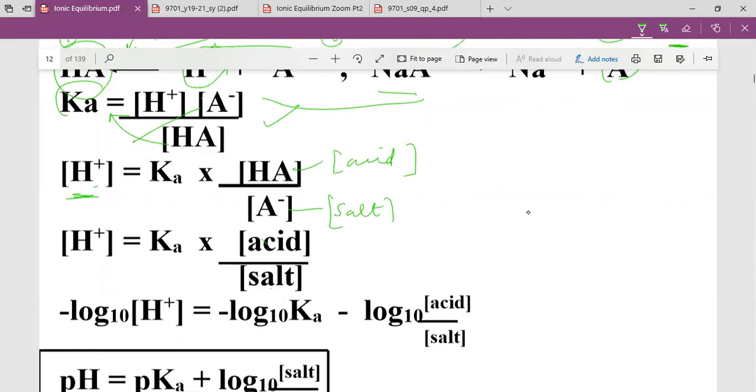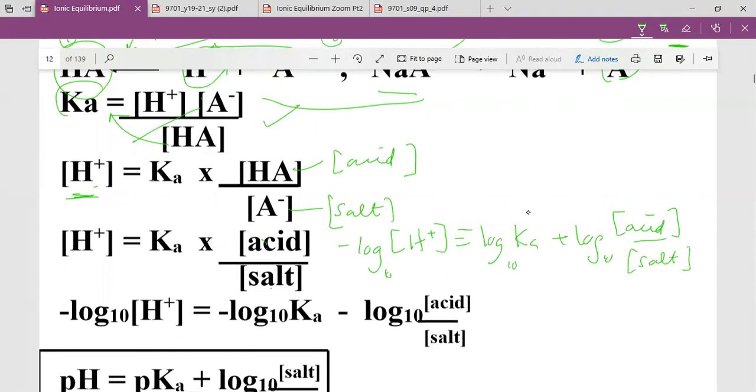So I now log the whole thing. Log H plus equals log base 10 Ka plus log base 10 acid over salt. Now to make it nicely pH, I put minus here, minus here, minus here.